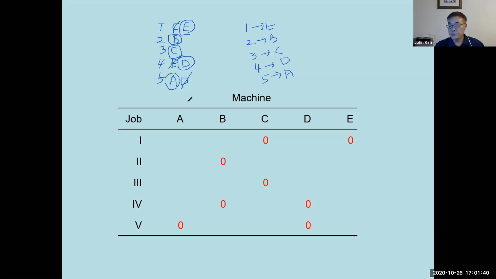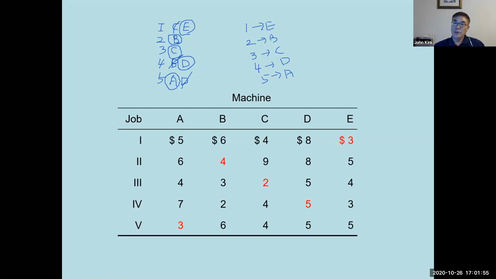Okay, so if we assign like this, then find the cost from the original table, the first table.